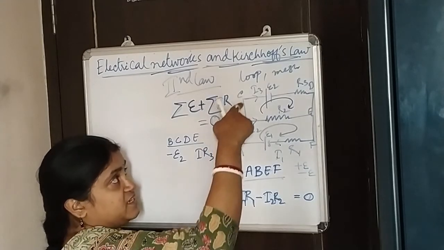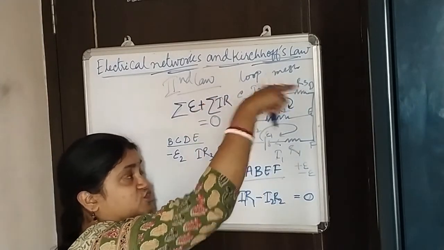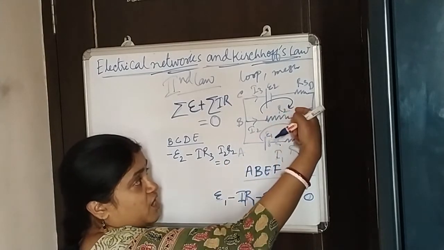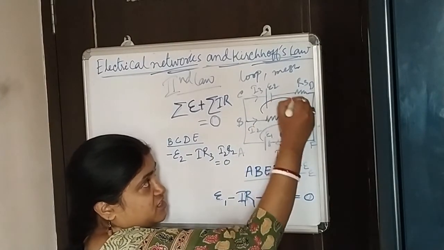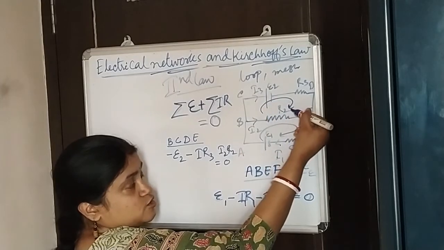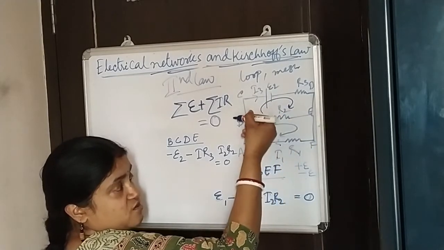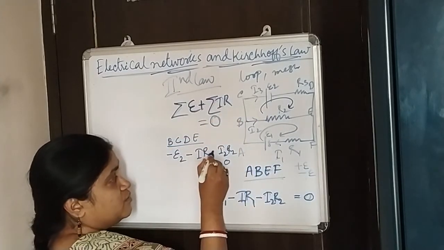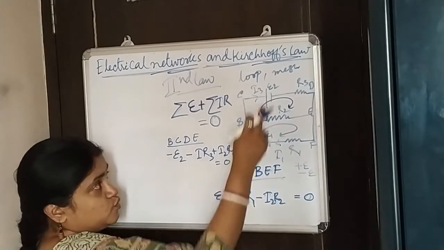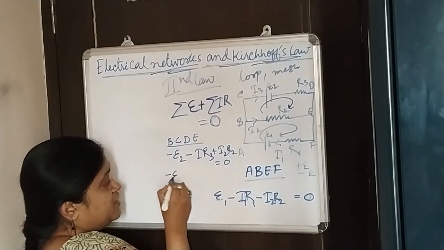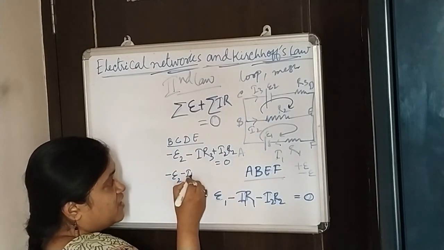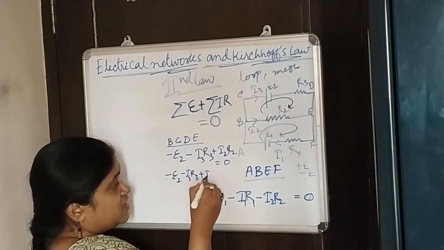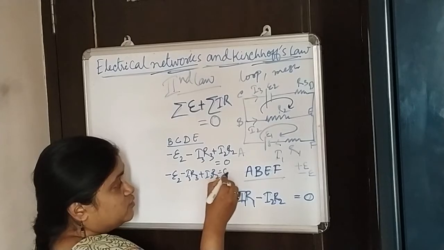But you see that I3 R3 is in the direction of current, therefore it will be negative, but for I2 R2, the current flow direction is opposite to the current I2, so this will be positive. So according to this loop, E2 minus I3 R3 plus I2 R2 equal to 0.